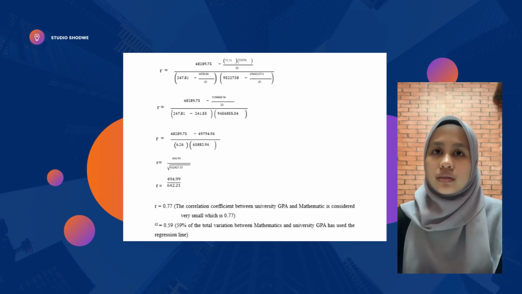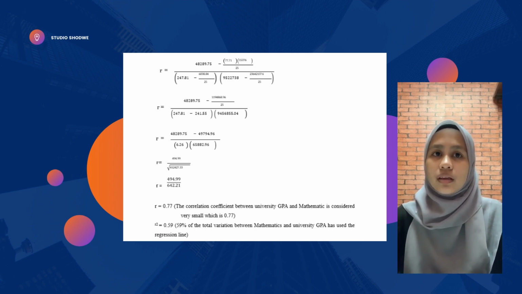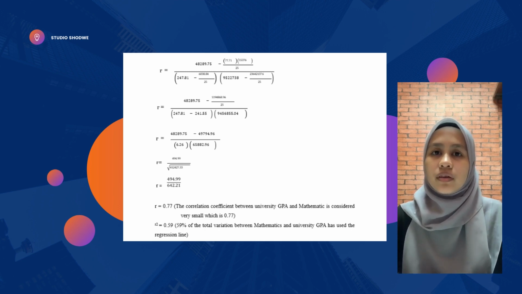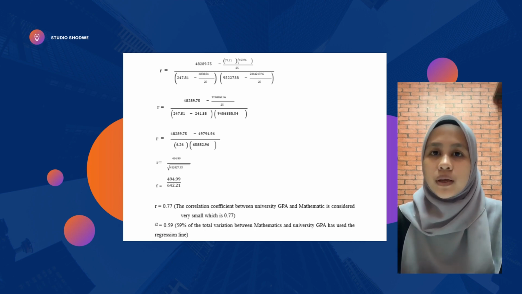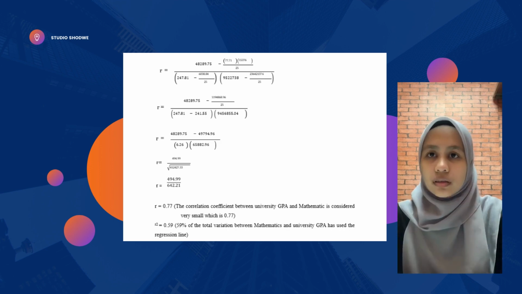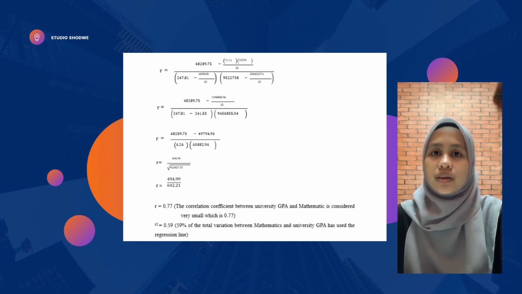Next, about model R-square and correlation. The R-square value of the model is 0.59, which means that approximately 59% of the total variation in university GPA can be explained by the regression line with the Math SAT score as the predictor. The correlation coefficient between university GPA and Math SAT score is 0.77.